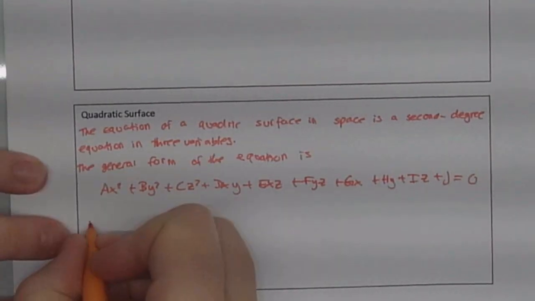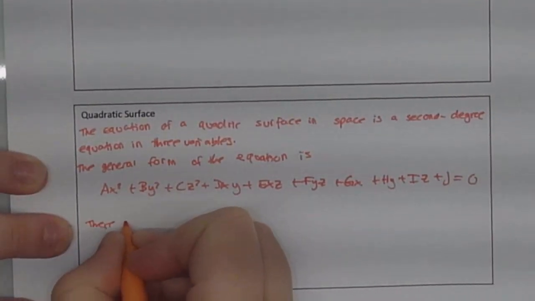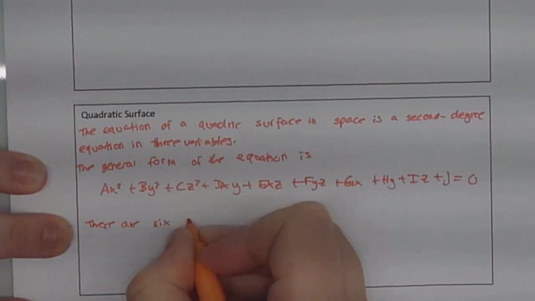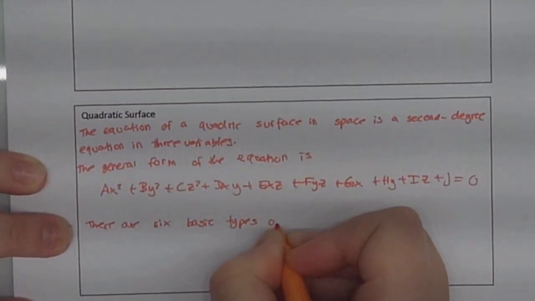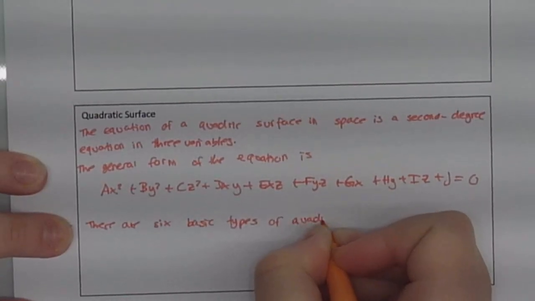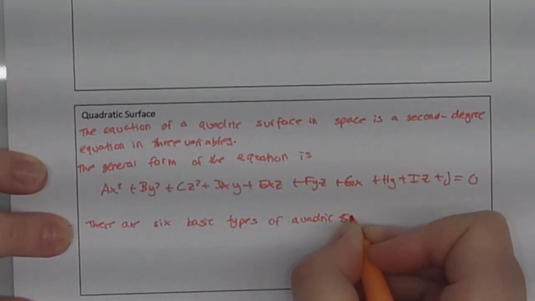And then there are 6 basic types of quadratic equations or surfaces.